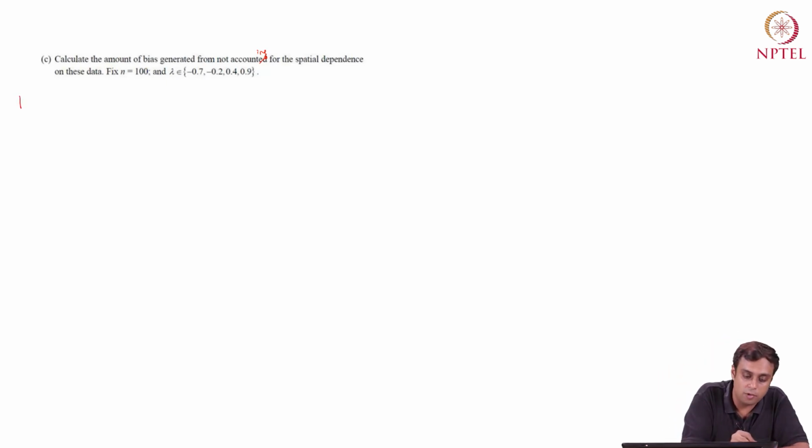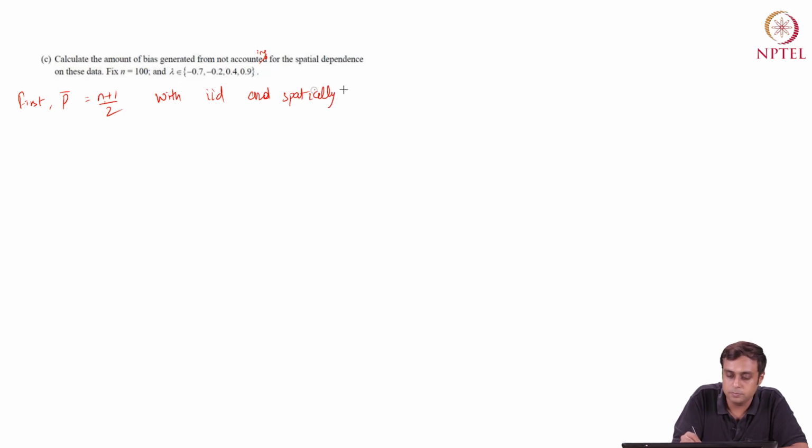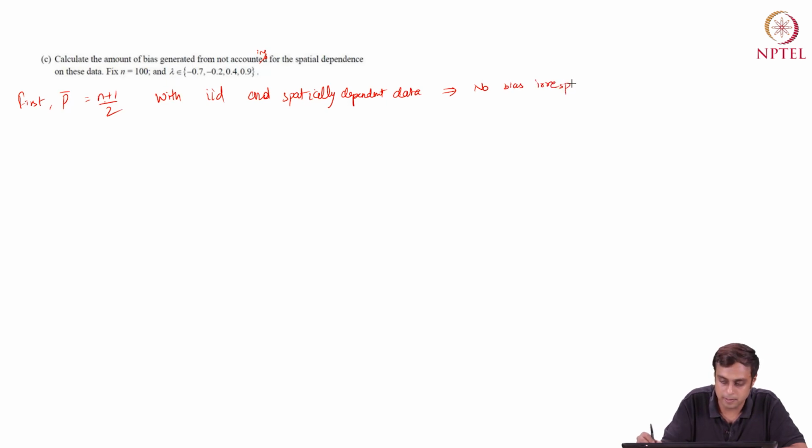First of all, p bar remains (n plus 1) over 2 with IID and spatially dependent data. That means no bias irrespective of the lambda value. Lambda could be 0 or a negative or positive value between -1 and +1. It will have no impact on p bar.